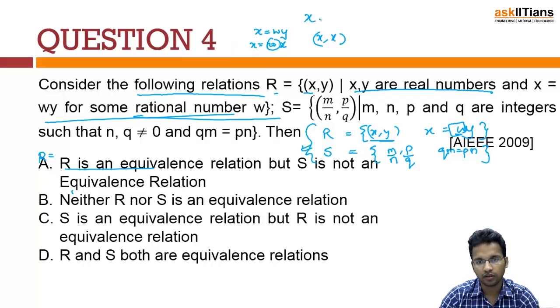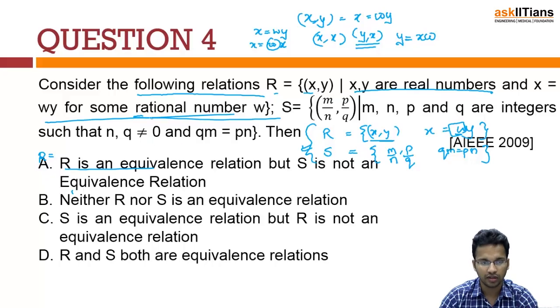Now if x comma y is there in that, it means x is equal to wy. Now can we say that y comma x will also be part of that, which means y will be equal to wx, because here it was saying that x was equal to wy. So check whether this will be possible or not.